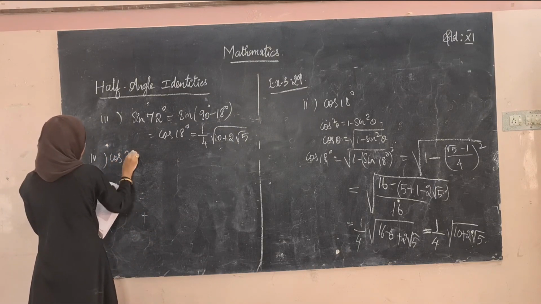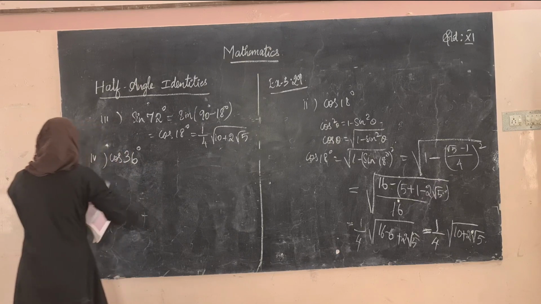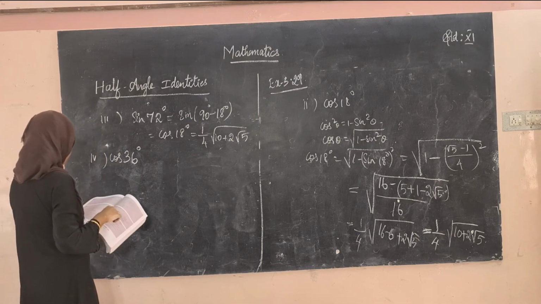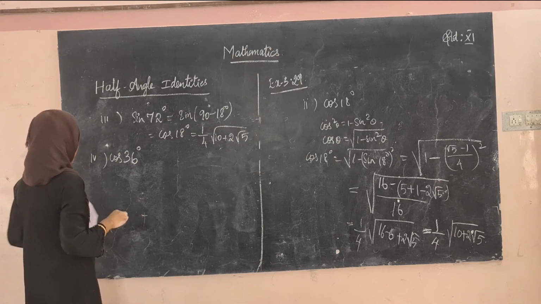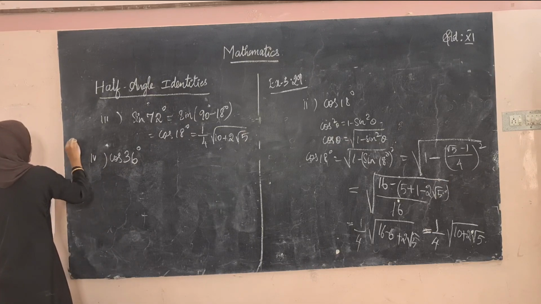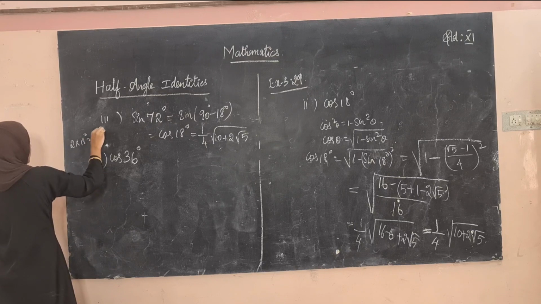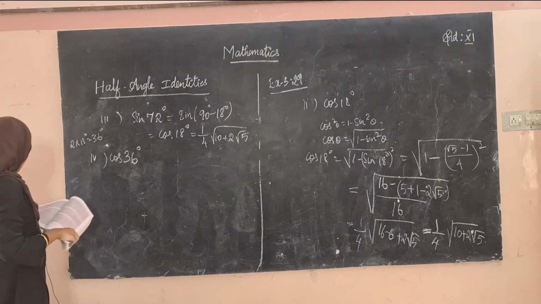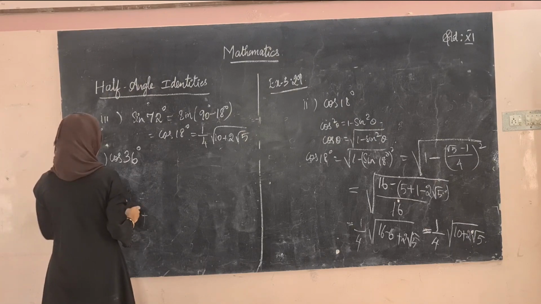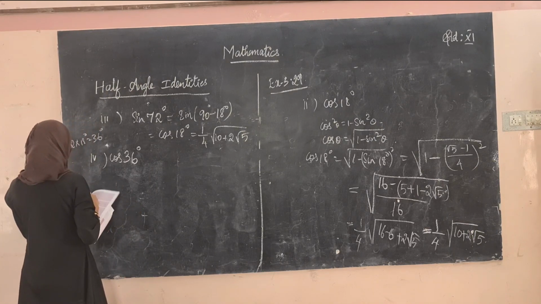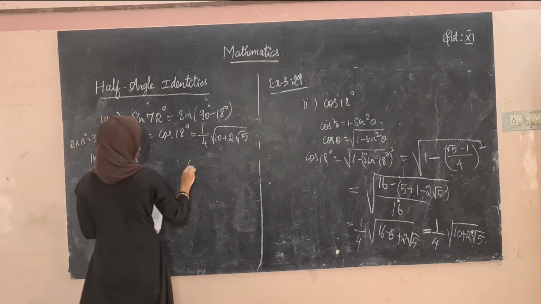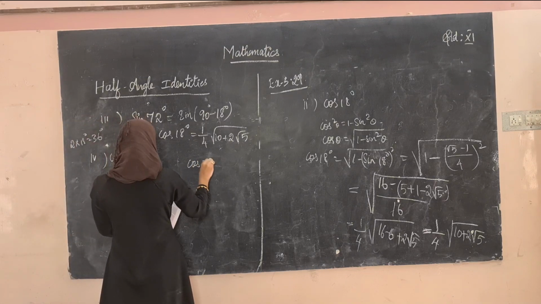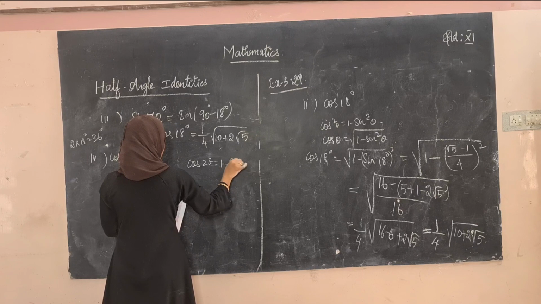What's the fourth subdivision? Cos of 36 degree. We know that 2 into 18 degree is equal to 36 degree. So it is 2 theta, and we want the cos 2 theta value. We know that cos 2 theta is equal to 1 minus 2 into sin square theta.